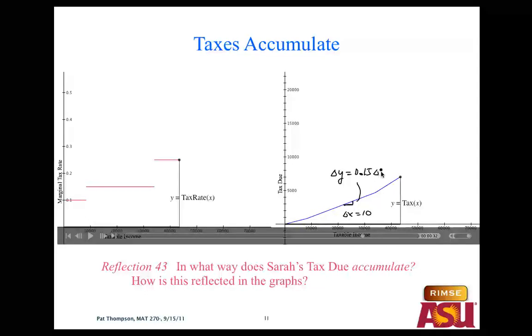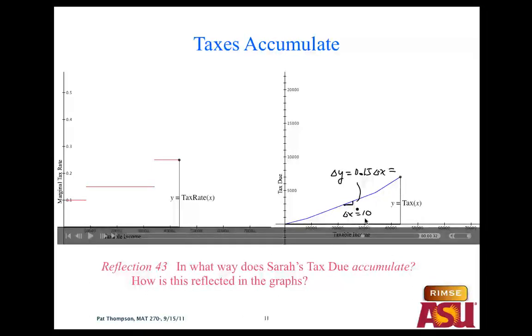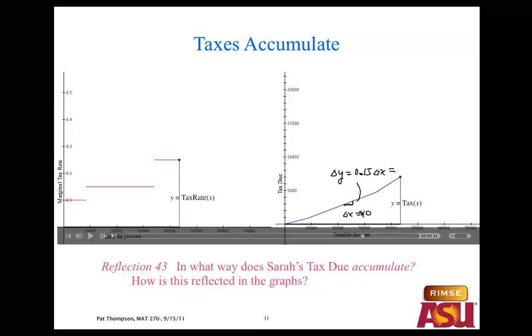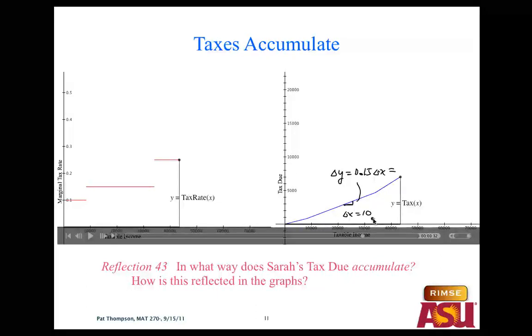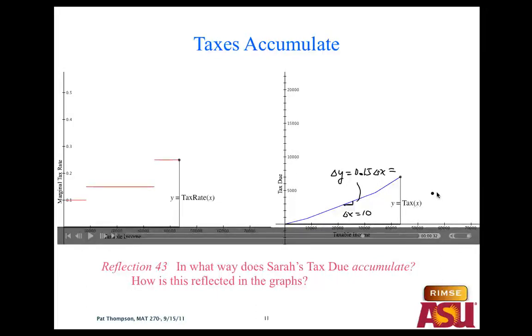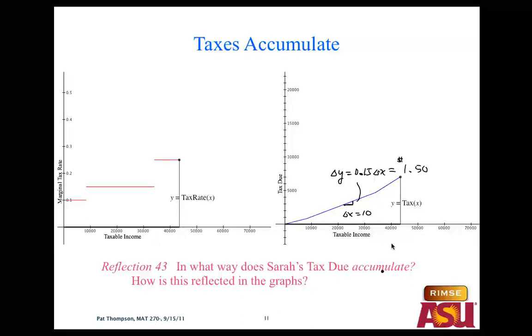And in this case, that would be 10. How much did your tax go up for making those next $10? Please don't use a calculator for that. It's times 10. How much does it go up? $1.50, right? $1.50.